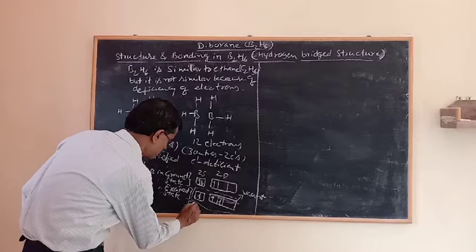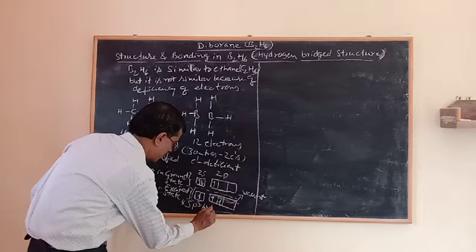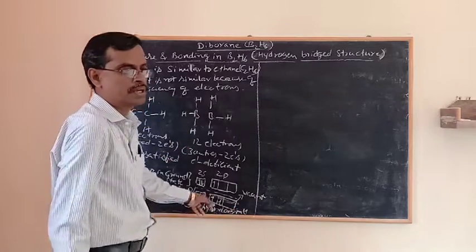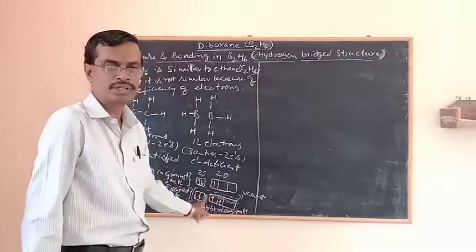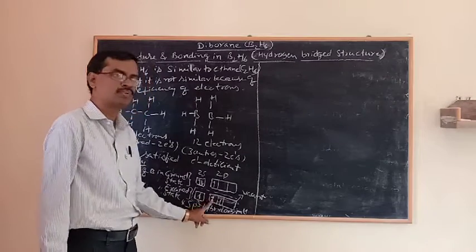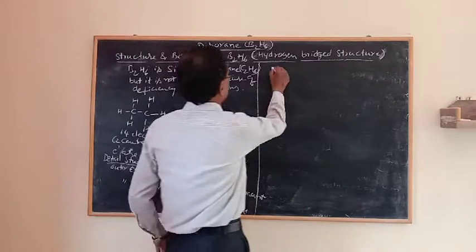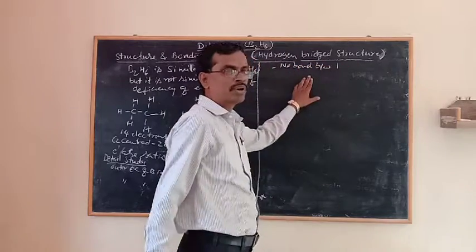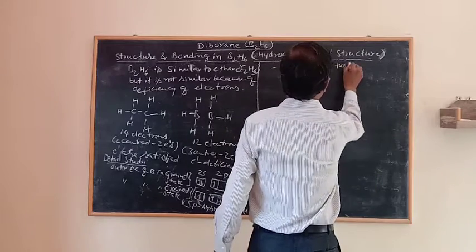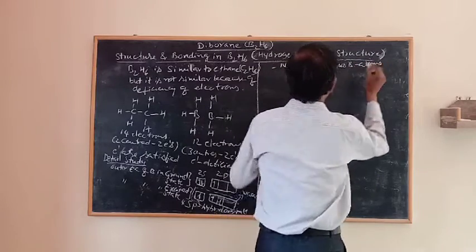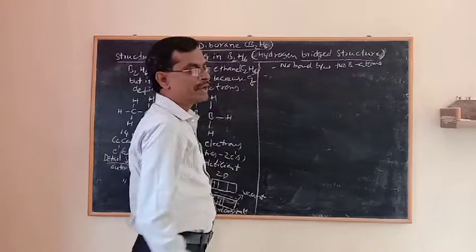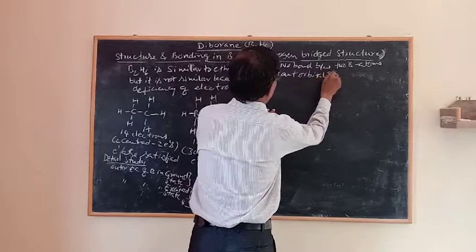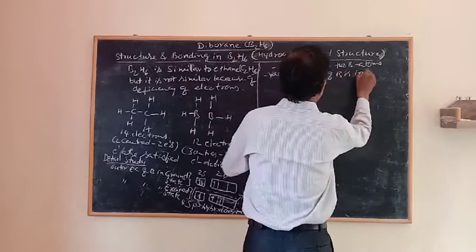So there are 4 sp3 hybrid orbitals in this case, and there are 3 unpaired electrons. These 3 unpaired electrons form 3 normal covalent bonds. Here there is no bond between the 2 boron atoms. This is the first thing. Then secondly, the vacant orbital of boron is involved in bond formation.